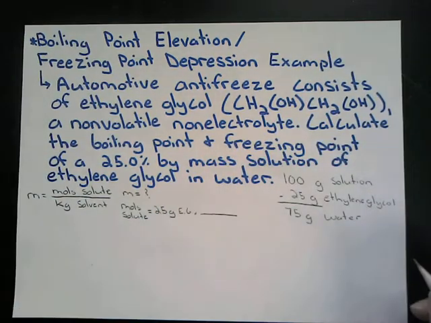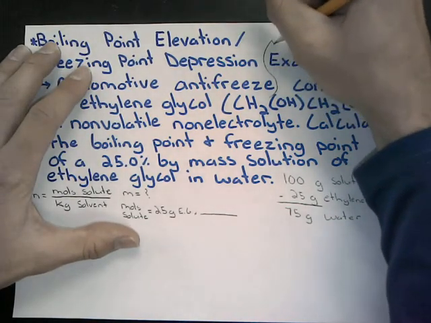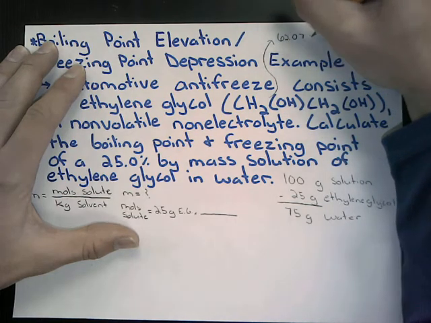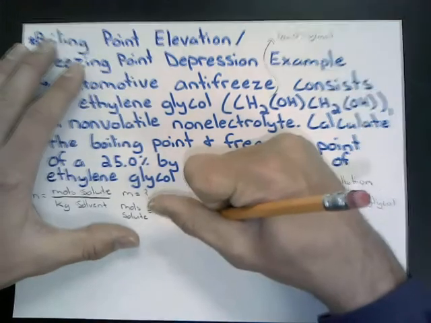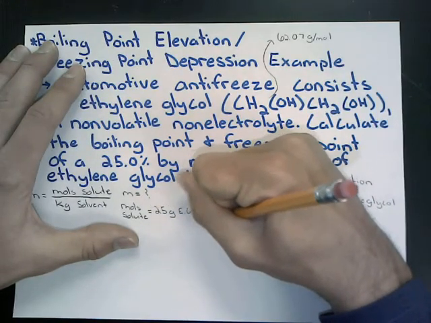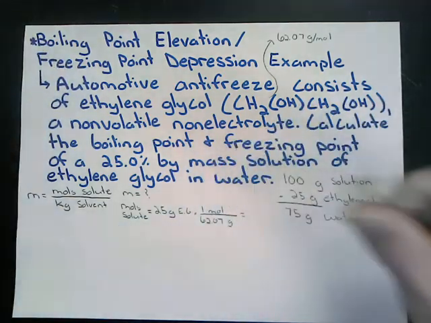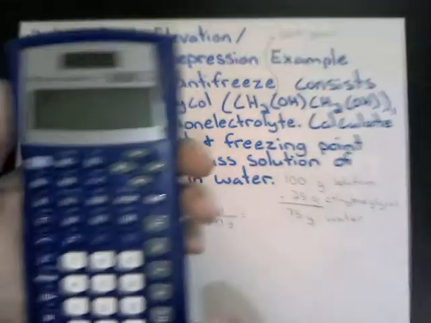And to save some time here, ethylene glycol has a molar mass of 62.07 grams per mole. So 62.07 grams to every 1 mole. In our calculators, all we're going to do is take 25 divided by 62.07.